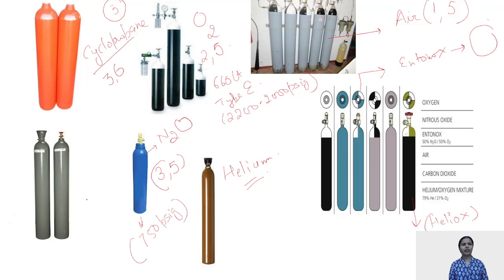Similarly, carbon dioxide also has 750 psig. And air is similar to oxygen, 2000 psig. So this was a quick recap of your cylinders.